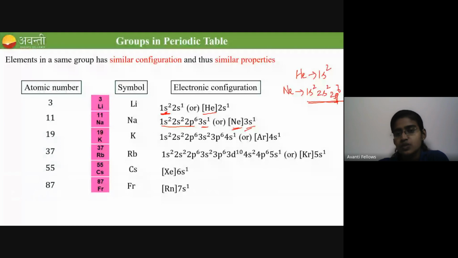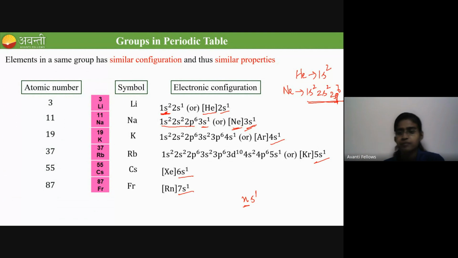So in all these cases, you can observe that the outer electronic configuration is similar: 2s1, 3s1, 4s1, 5s1, 6s1 and 7s1. So generally, if I want to write, it is ns1, where n denotes the principal quantum number or the number of the shell. Okay. So since they are having the similar outer electronic configuration, they exhibit similar properties. That's all. Got it? So this is about the group.